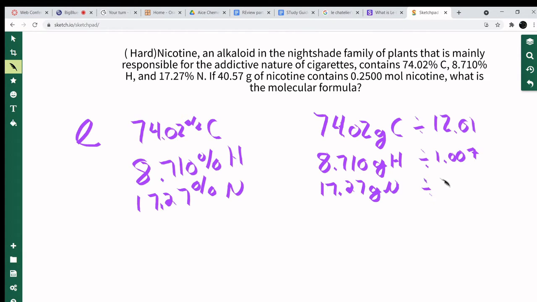And nitrogen is going to be 14.00. Okay? When we divide these, we end up getting 6.163.